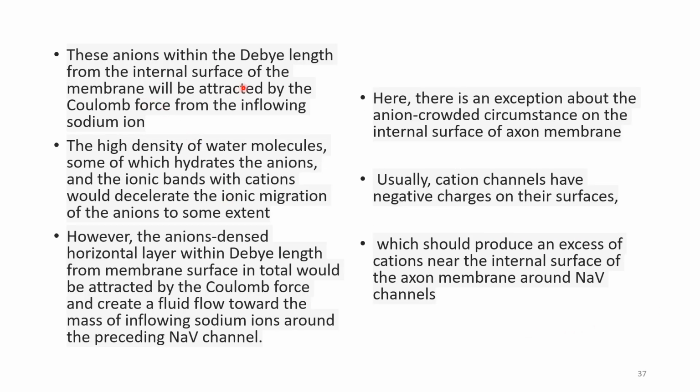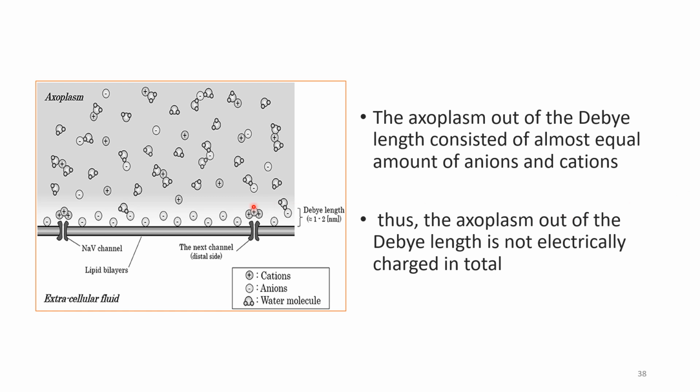So why is the Debye length important? The anions in the Debye length will be attracted by Coulomb force. The water molecules will hydrate some anions and some cations, and they will cause deceleration in the ionic migration. See here, at the internal level of the voltage gated sodium channel, you have negative charge, so positive ions are accumulated here.